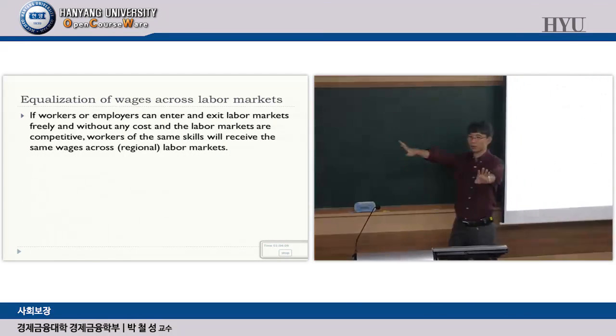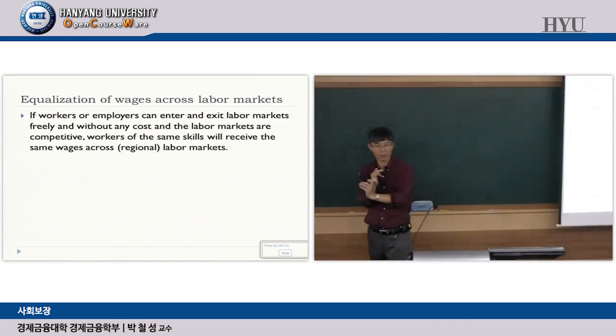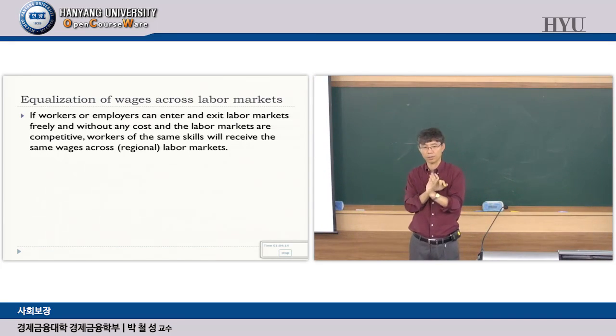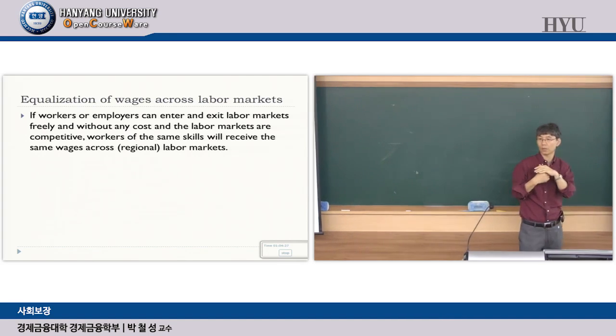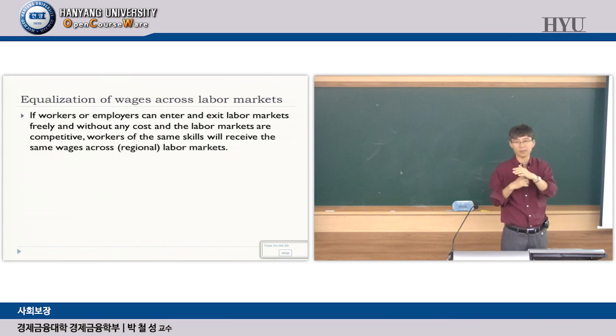Okay, so what you have seen is first we learned about the work-leisure choice model and then we derived the labor supply curve. And along the way we learned the important concepts of income effect, substitution effect, and reservation wage. Okay? And in the labor demand part, at the end we derived the labor demand curve. Important concepts are the short-run labor demand curve, conditional labor demand curve, and long-run labor demand curve, and scale and substitution effects.